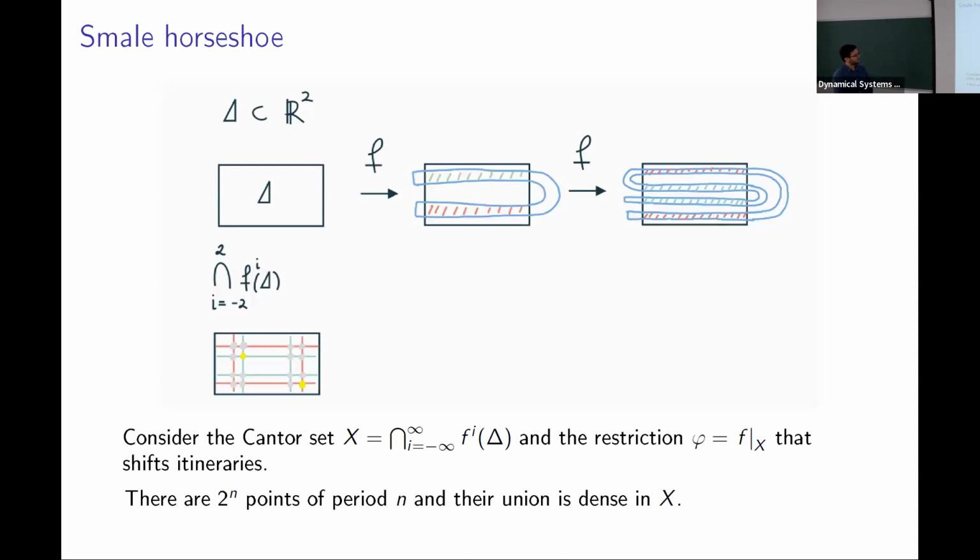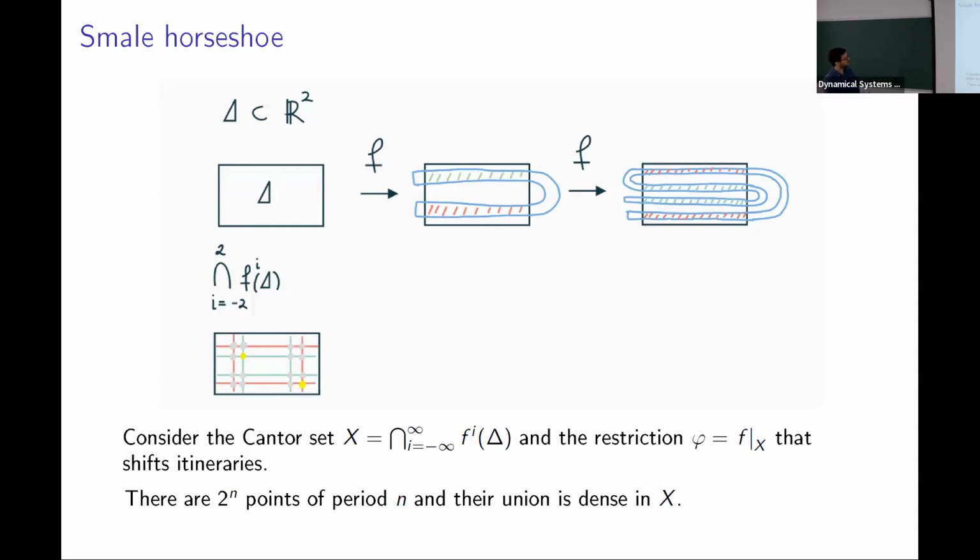One of the first examples, or maybe the first example, is Smale's horseshoe. Now there's a formal way of defining the horseshoe, on the wandering part of a self-map on the sphere, but here instead, very briefly, you can view it as the following map.